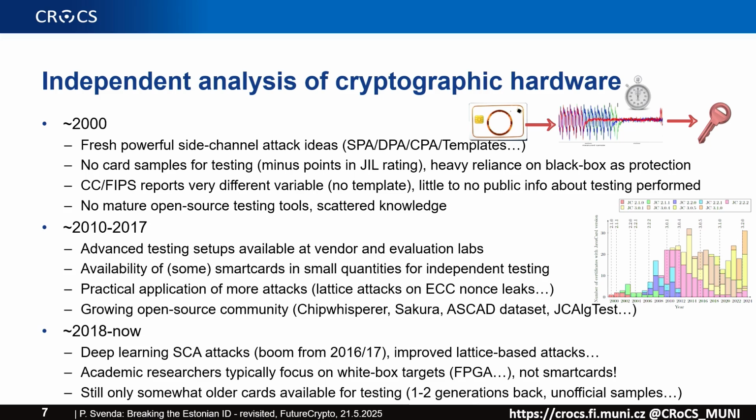Academic researchers were looking into all of this for a long time. But typically, they were working with white box targets. Because if you are in academia, you like to publish. So you like to design and show: I have this algorithm, let's say AES. This is the vulnerability if it's not protected.